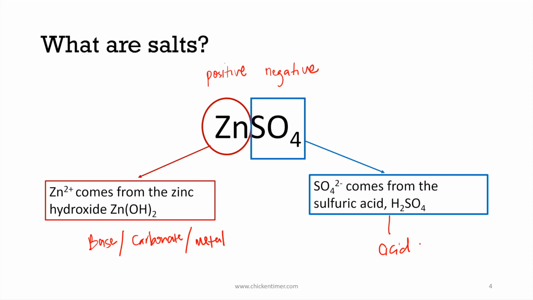So you must first know in the salt the metal ion, the positive ion, comes from the base and the negative ion comes from the acid. So you need to keep this in mind. Then we go back to precipitation.